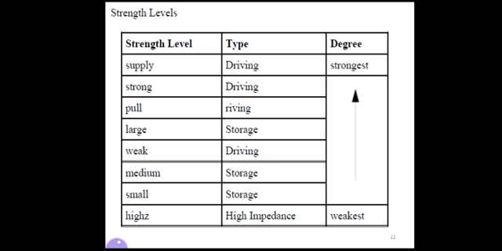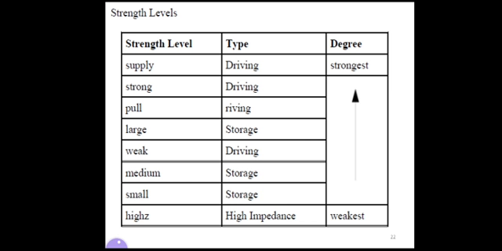The 8 strengths are supply, strong, pull, large, weak, medium, small, and high Z. Supply, strong, pull, and weak are driving strength levels, whereas large, medium, and small are the storage strengths.